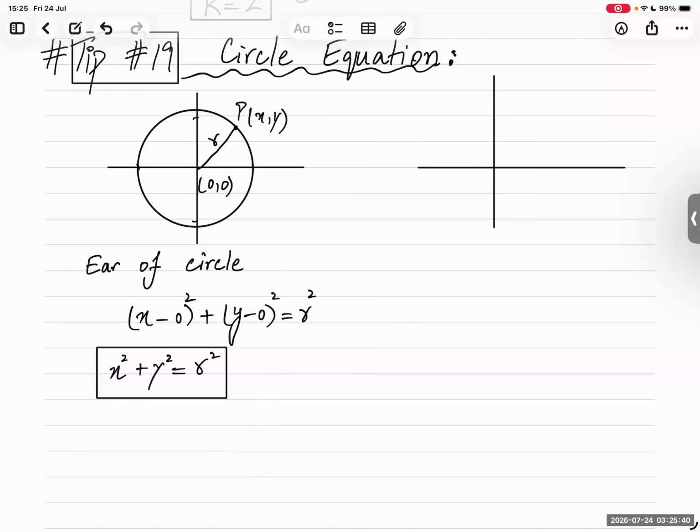That is the equation of a circle with radius r and center 0, 0.